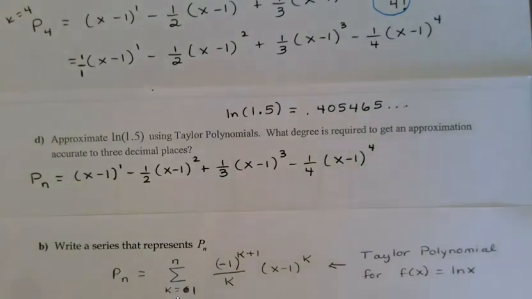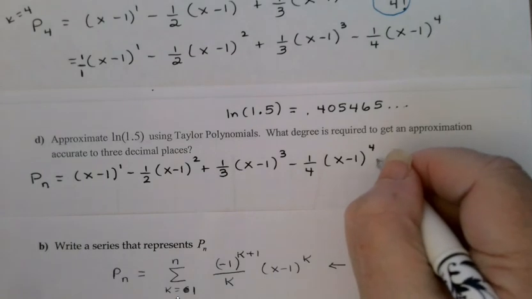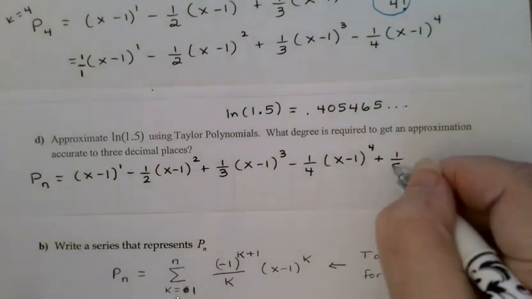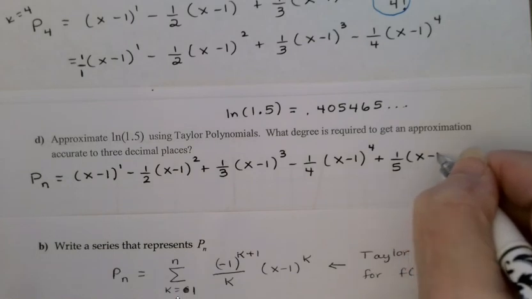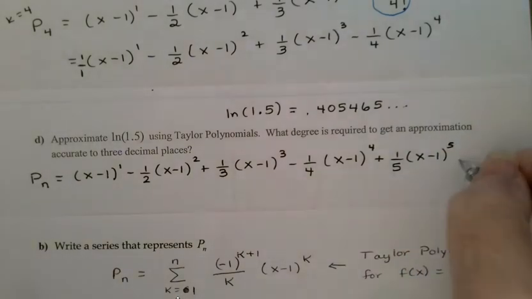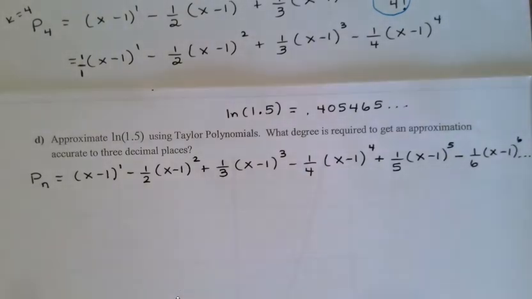Based on this pattern that we figured out, if I were to continue, my next term would be positive, a fifth x minus 1 to the fifth, and my next term would be negative, a sixth x minus 1 to the sixth, and so on. I could easily go as far as I needed now that I have the pattern established.